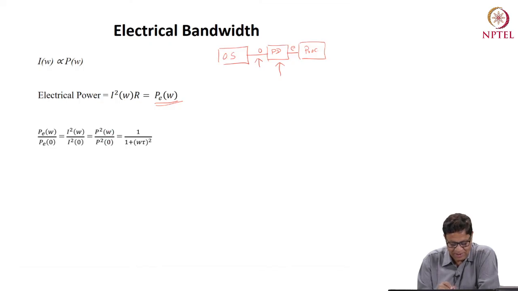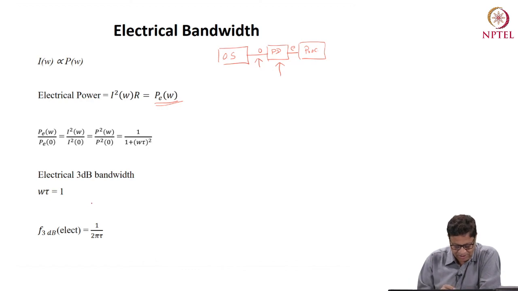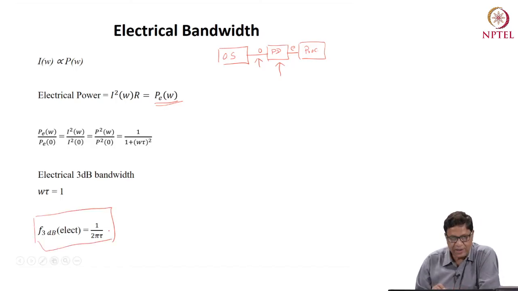The I and P are directly proportional for optical bandwidth, and for electrical power, the power is proportional to I squared. So this becomes 1 by (1 + omega tau) squared, and this will be half when omega tau is equal to 1. By doing the calculation in a similar way, we find that the 3 dB electrical bandwidth is nothing but 1 by 2 pi tau.